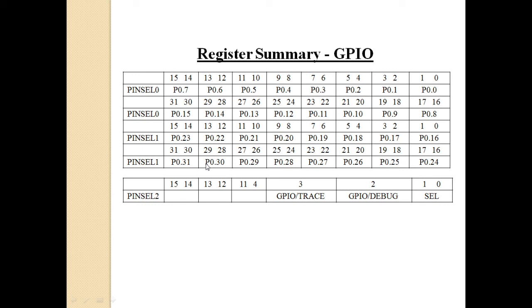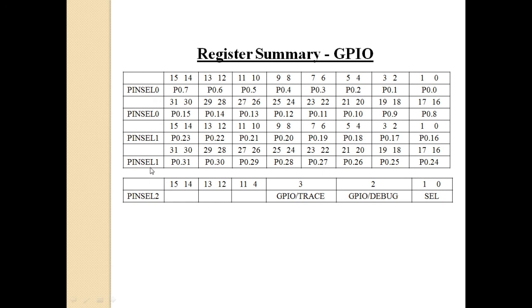Right? So next slide, this is known as a register summary. Whatever peripheral you are configuring, there will be something known as a register summary. From this you can identify what registers are involved in configuring this peripheral. So in configuring this peripheral, you need to configure pin select registers.